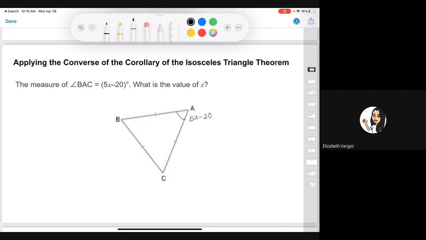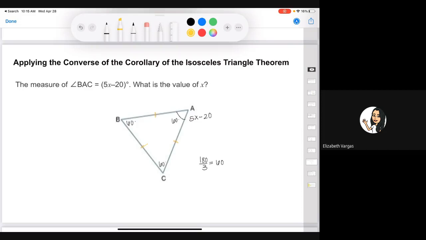Well, what I just discussed with you is that if I have 3 equal sides, I have 3 equal angles. So I'm going to take 180, the sum of my interior angles, divided by 3, and that's going to be equal to 60. That tells me that this angle is going to be 60, this angle is going to be 60, and this angle is going to be 60.